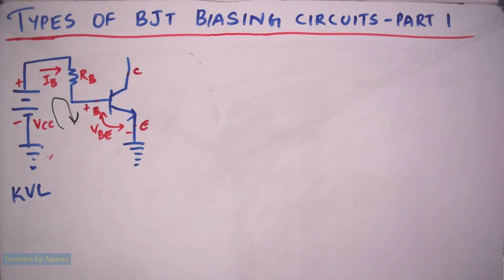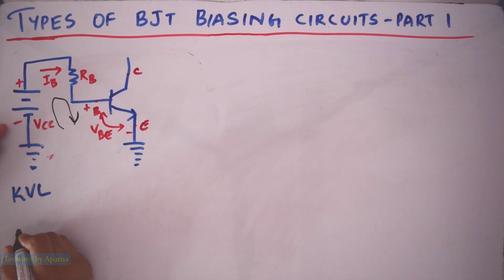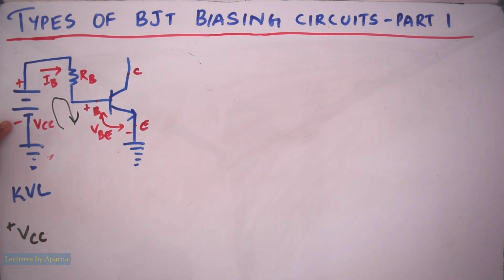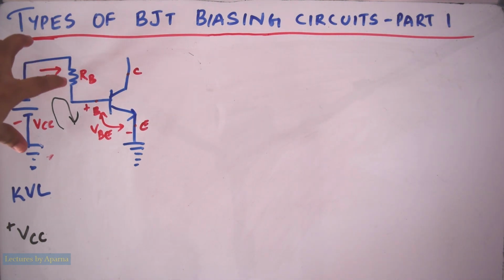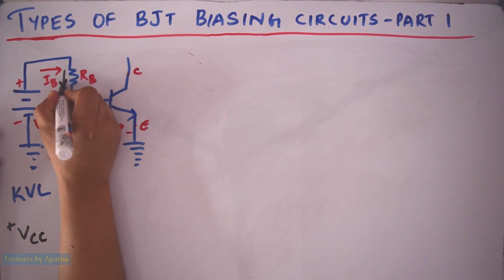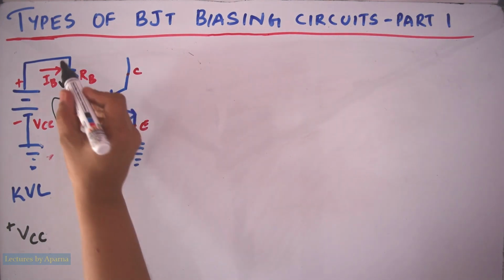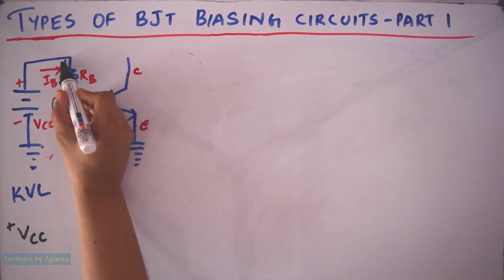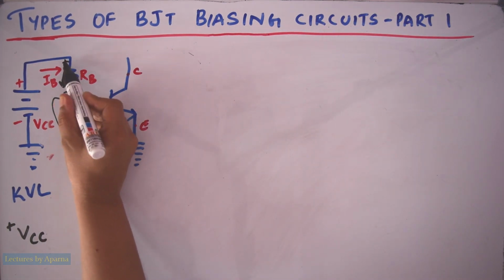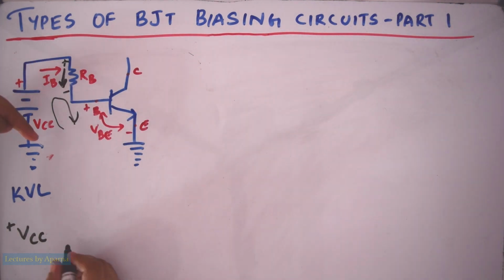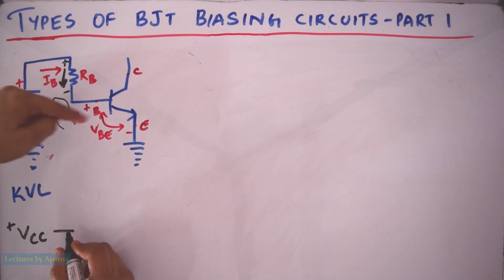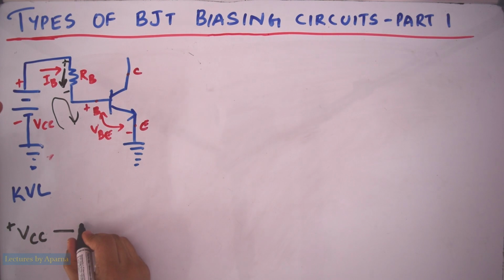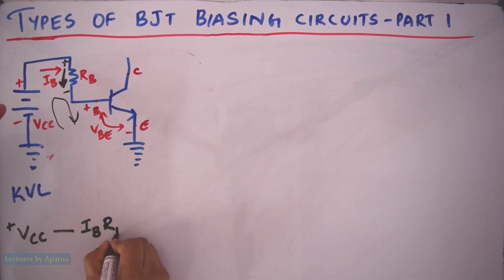So applying KVL here, I am starting from here. Plus VCC because this is an increase in potential. When I reach here, current is flowing in this portion. So this current flows from a higher potential to a lower potential. So there is a decrease in potential. So it will be minus the potential across RB, which is IB RB.